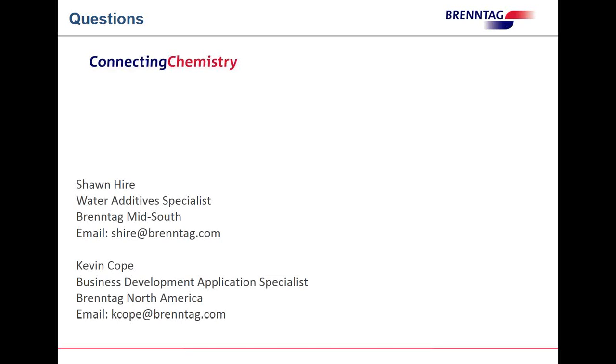Okay, and then another question. Is aluminum or iron a better choice for chemical treatment? That's going to depend on what the plant is doing. As I said before, if a plant has ultraviolet UV disinfection, then iron is probably not going to be recommended. It can interfere with the transmittance of the UV lamps. So obviously another consideration is the cost of the chemicals.